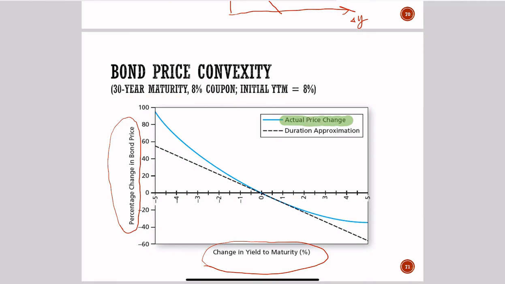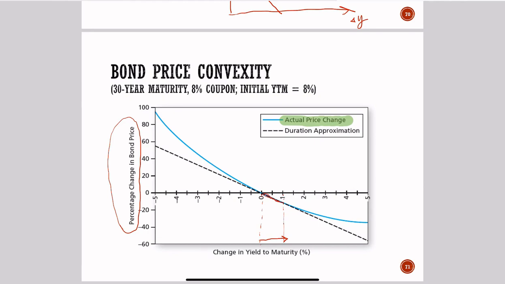So this is the original yield. Let's say it increases by 1%. Then you can see that these two lines almost overlap. This means the approximation here is good.